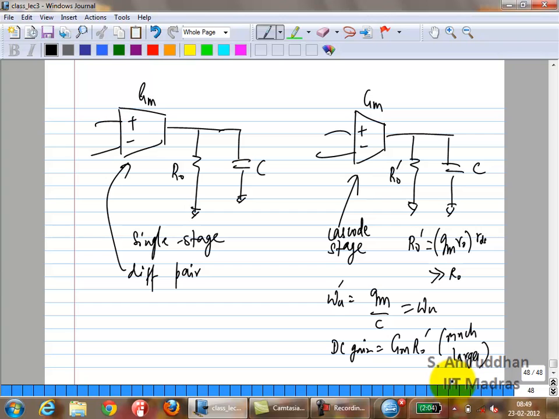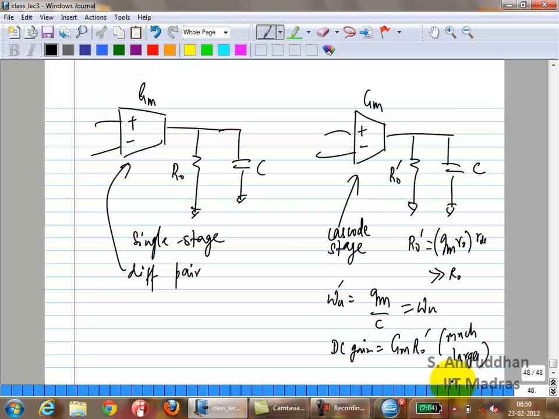Suppose I drive a resistive load, a resistor in parallel. How does this perform? Is it fine, or does it have the same problems? No, it won't be fine, because if you drive resistive loads, your gain is actually GM R naught prime parallel RL. The fundamental problem, even with the single stage op-amp, is that when you drive RL, your actual DC gain becomes GM R naught parallel RL.